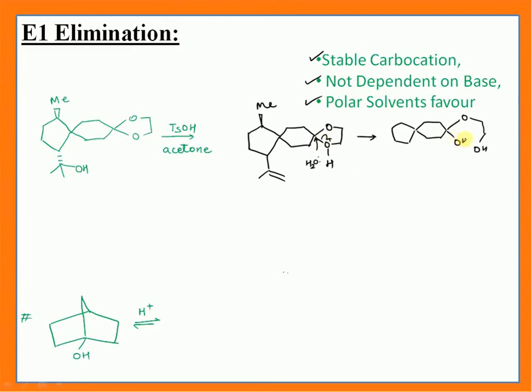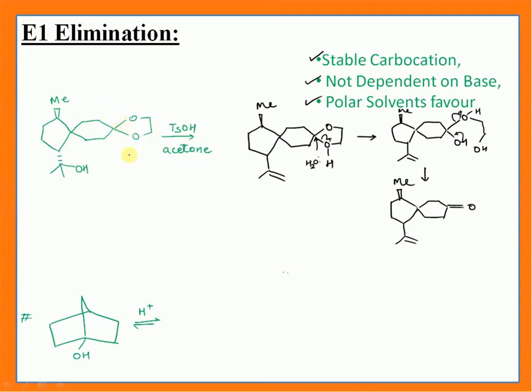We have OH attached here. After removal of one proton from H2O, we will form it as OH. Then we will protonate this oxygen and it will become positively charged. Then this bond will break and this will be removed. So this will be the final product. A single molecule of this TsOH can do this whole reaction, right? It can do elimination, and it can do hydrolysis of this acetal also.